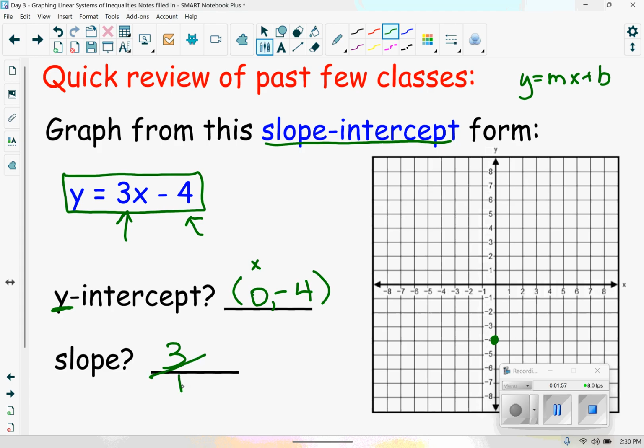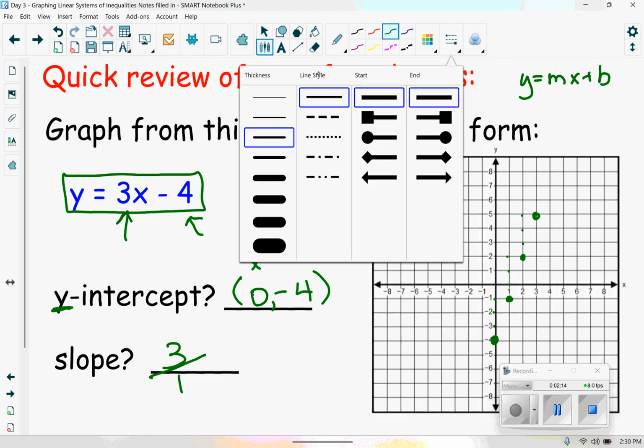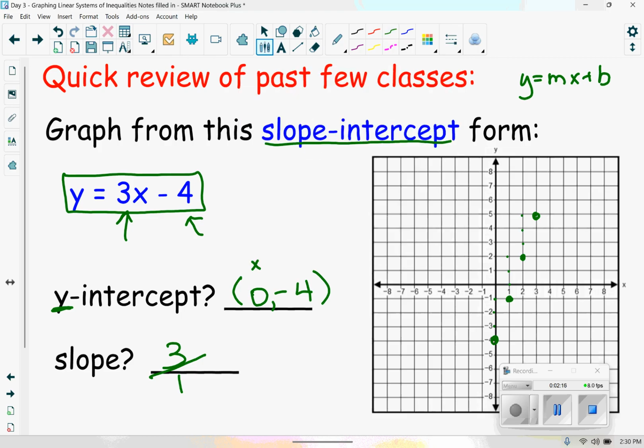Now I'm going to put that 3 over 1 so that I can rise 3, run 1. Rise 3, run 1. Rise 3, run 1. And that's how I would graph the line.